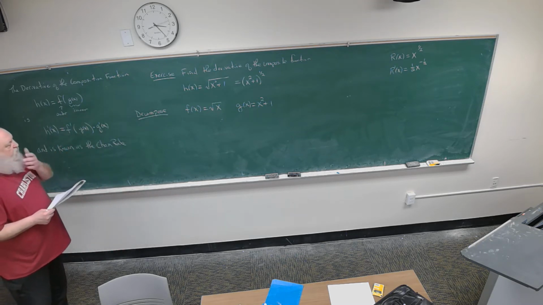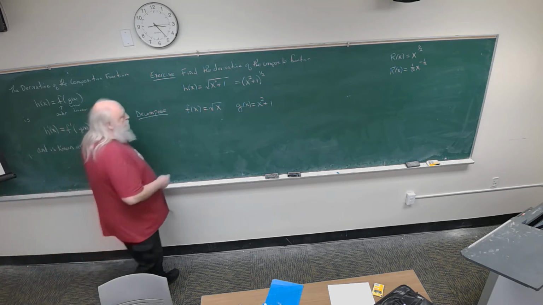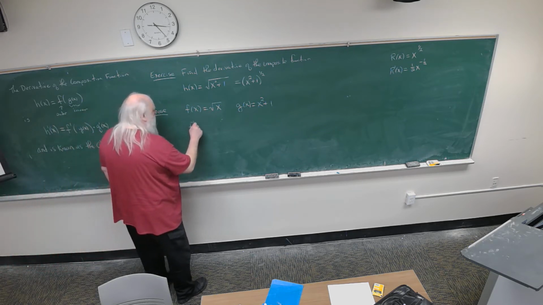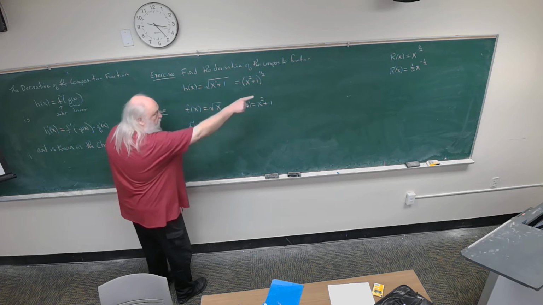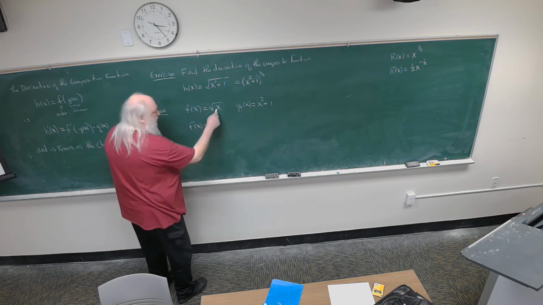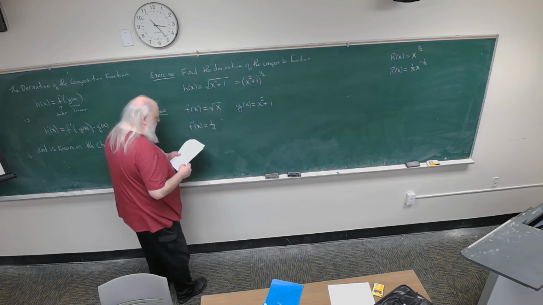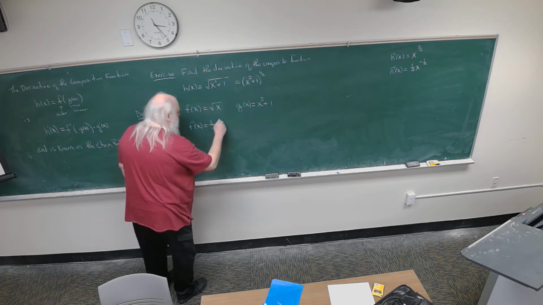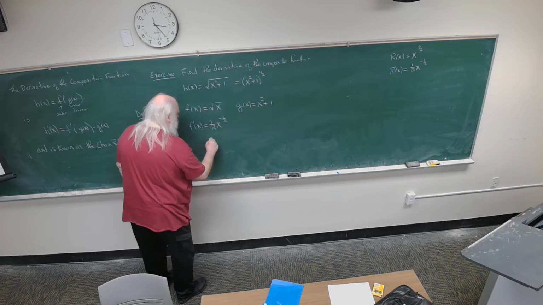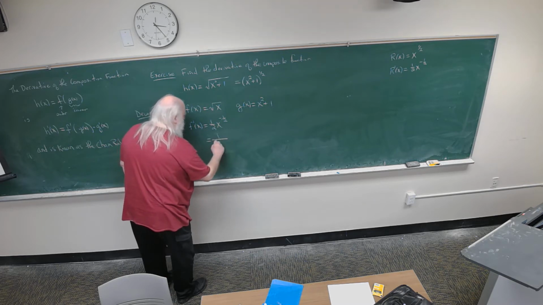Okay. All right. Well, f prime of x, we just showed it over there, right? This is x to the 1/2. F prime of x is equal to 1/2 times x to the minus 1/2, which is equal to 1 over 2 times the square root of x, right?